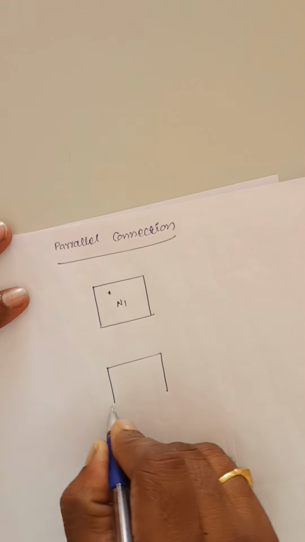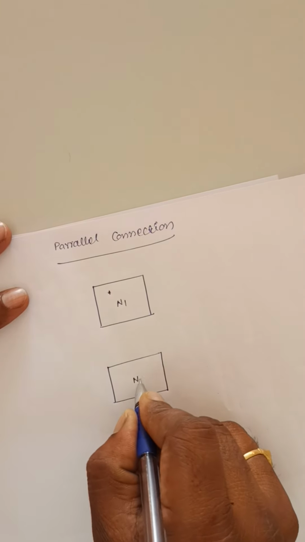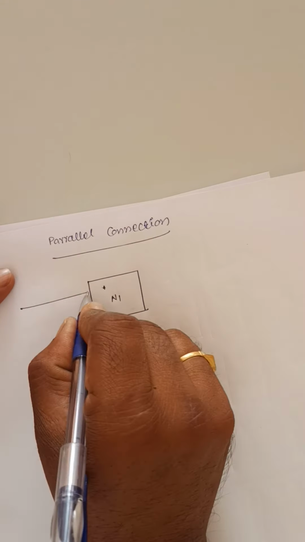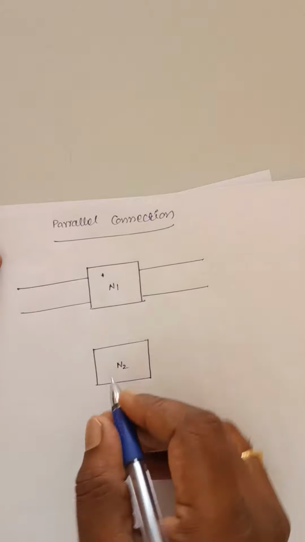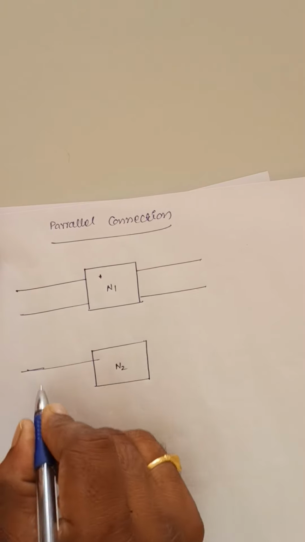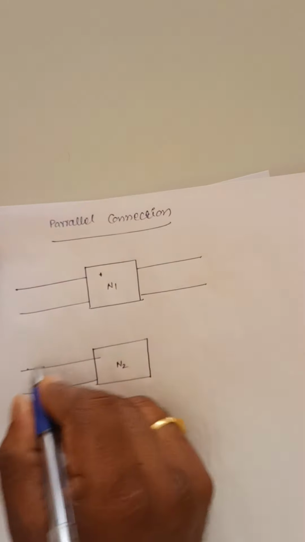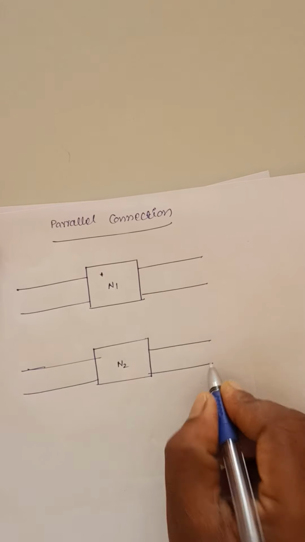This is another two-port network. Let us take this is N2. This is one port, another port, so that it will become a two-port network. Here also it is one port, another port.